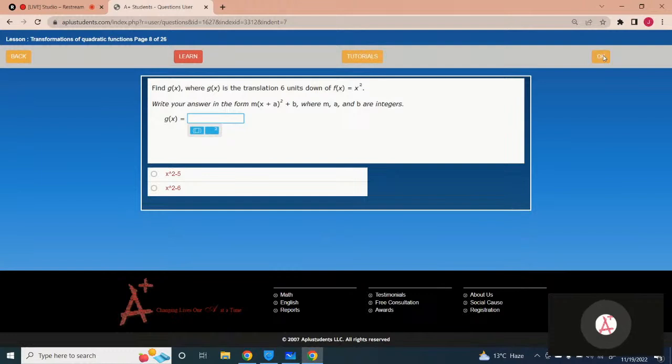Okay, g of x translation 6 unit down. Again, it's the second option, x square minus 6.